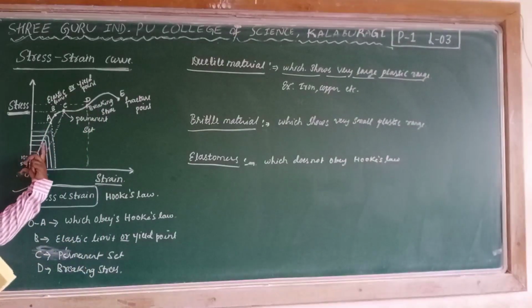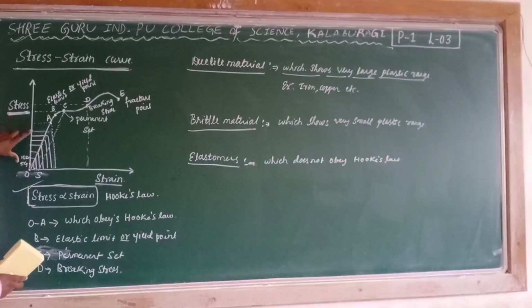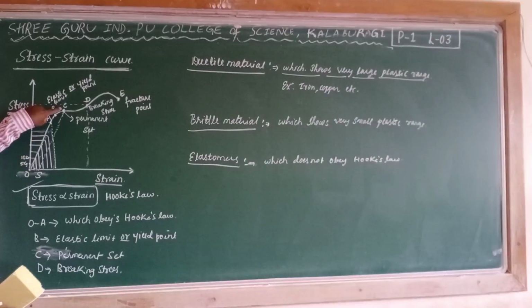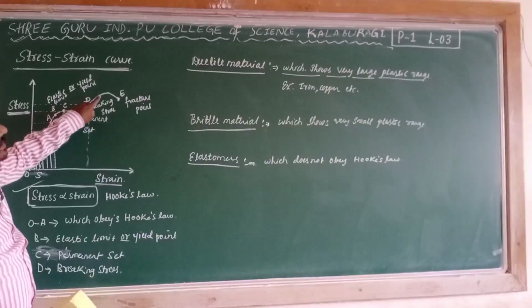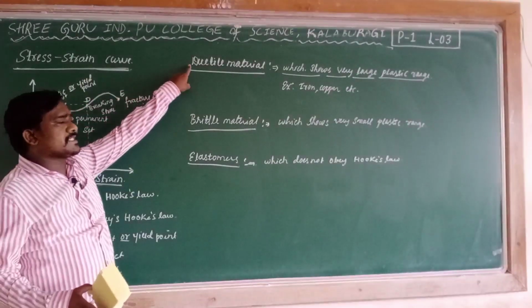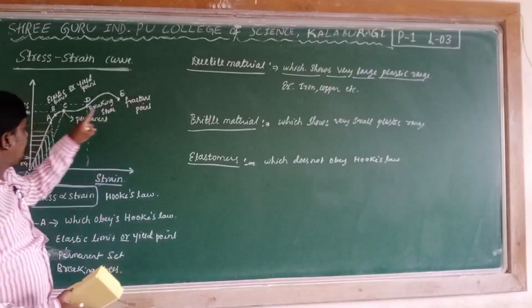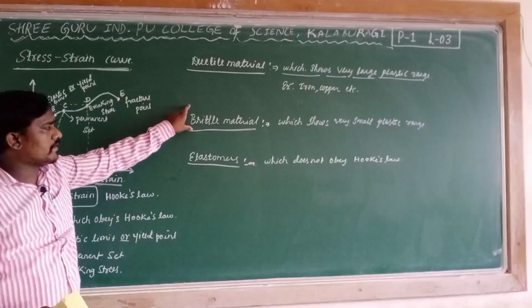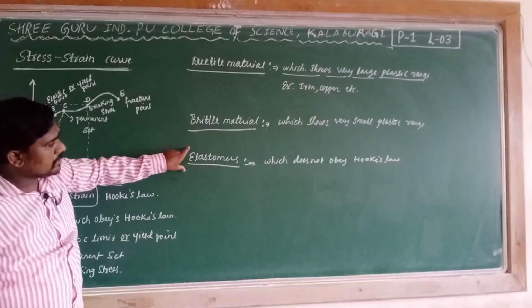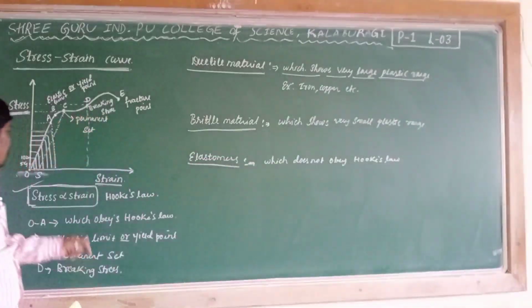Listen here. This is our elastic limit. Beyond this elastic limit, the material converts to plastic, and one which shows a very large plastic range is called ductile material. One which shows a very small plastic range is brittle.